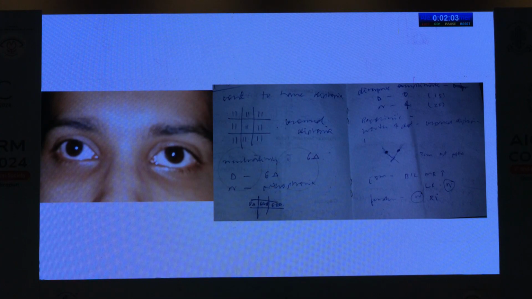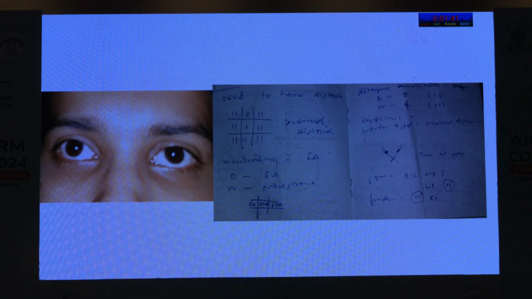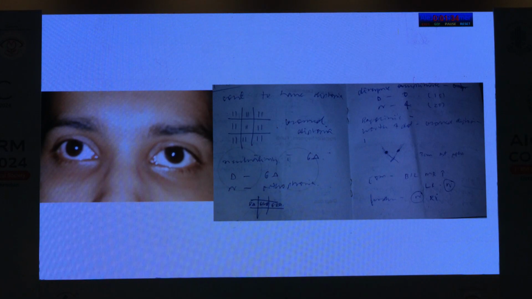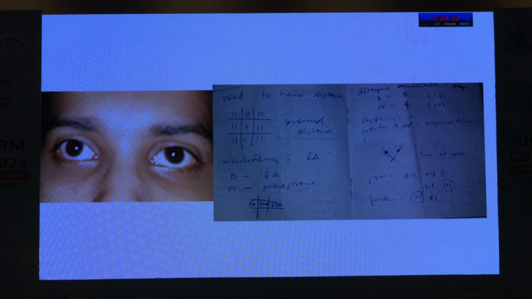And this was our intern who started complaining of sudden onset double vision, and he had a crossed diplopia. He had a small esotropia, but with crossed diplopia. That is when you have to think it's not a lateral rectus paresis but a divergence insufficiency, because in a sixth nerve paresis you don't get crossed diplopia, but here he was getting it, and it was neutralized with a 6 diopter prism.